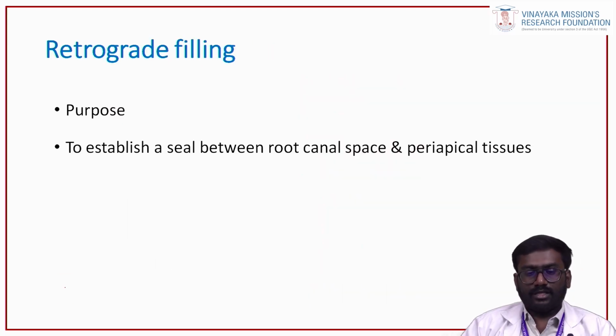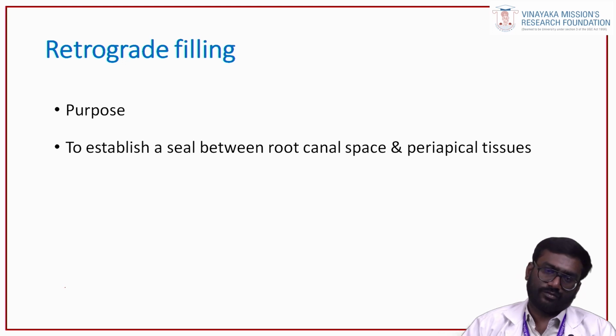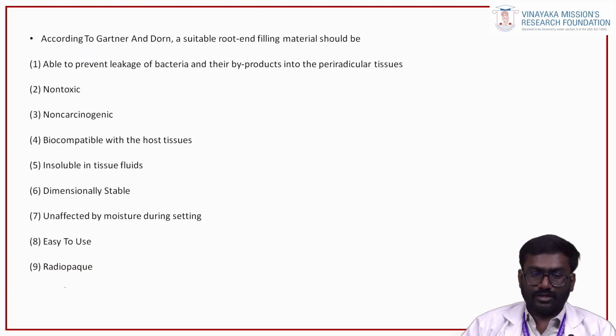The next step is the retrograde filling. The purpose is to establish a seal between the root tissue and the periapical area, so that there is no further seepage of infection into the periapical region. According to Gartner and Dorn, a suitable root end filling material should have the following characteristics. It should be able to create a 100% seal, with no leakage of bacteria and their byproducts into the periradicular area.